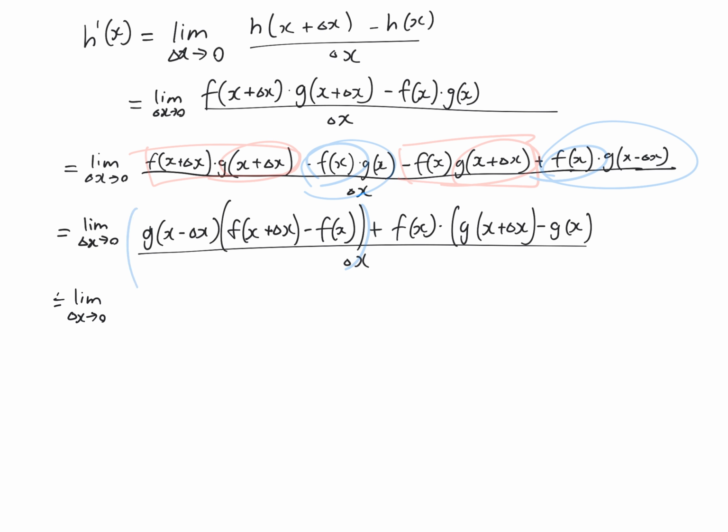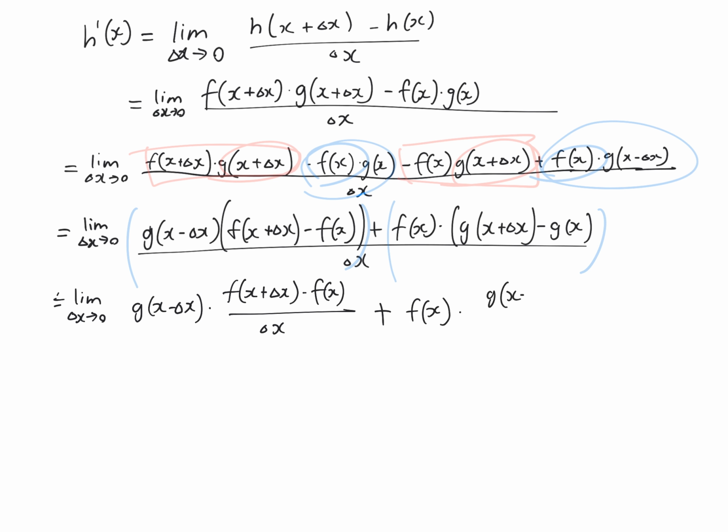So we have the limit of g of x plus delta x times f of x plus delta x minus f of x over delta x, plus f of x times g of x plus delta x minus g of x over delta x.